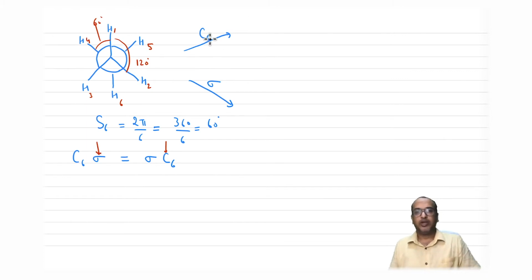Okay. So now if you do the C6 operation first, H1 will move to this part, H3 will move to this part, H2 will move by 60 degrees, right? Every proton will move by 60 degrees. So how does it look?